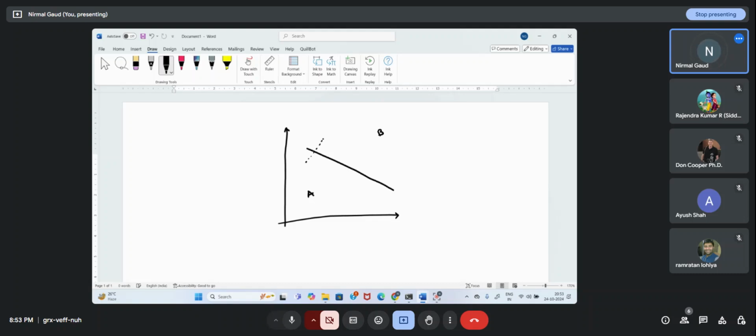This is the margin. Here is the margin. Whatever points are present here, those will be class A points, they are called support vectors. These are class B points, they are called support vectors.